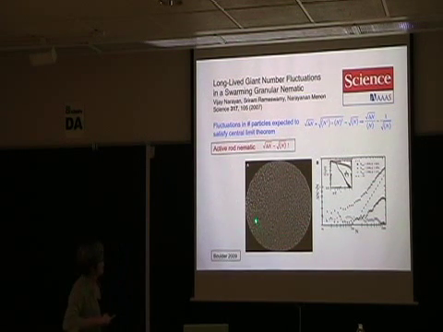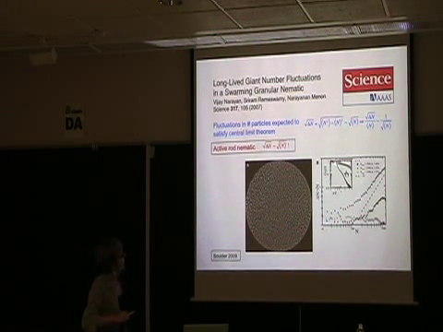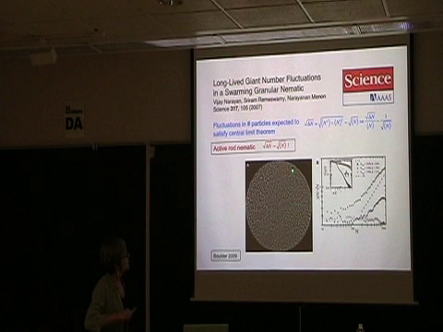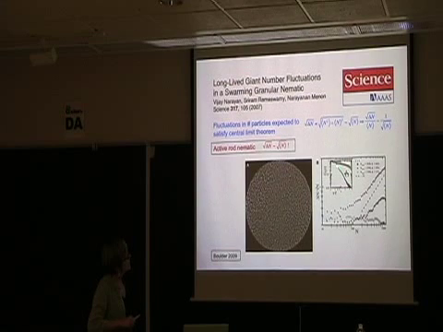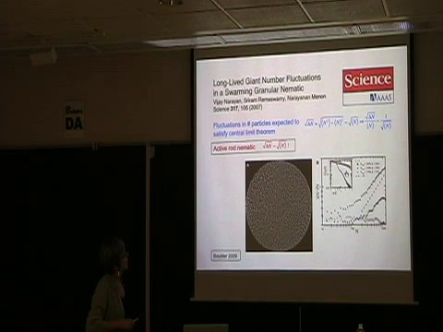So this is a fairly dense layer of granular rods, and the inset of this picture here shows the mathematical parameter that tells you how much orientation, alignment of the rods there is in this system. And actually data for 3 different area fractions, and at the lowest, that is essentially no order, this is actually the highest one, and in the 2 highest ones, there's quite a bit of nematic order.